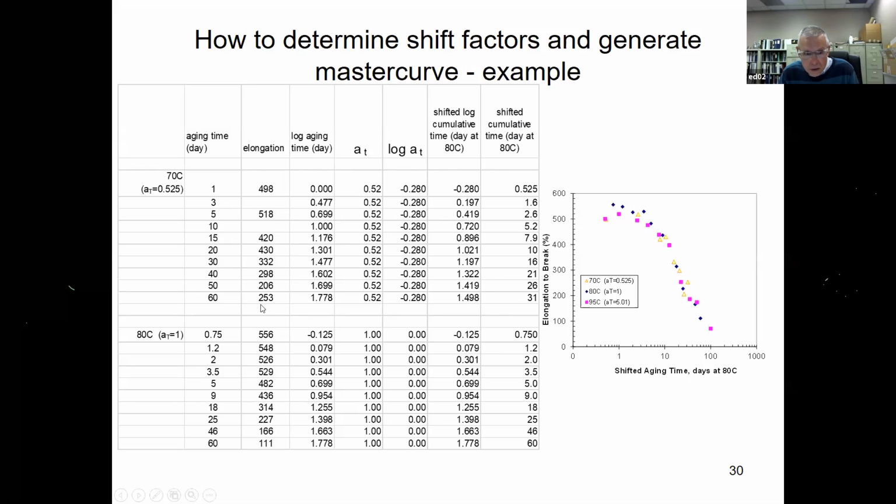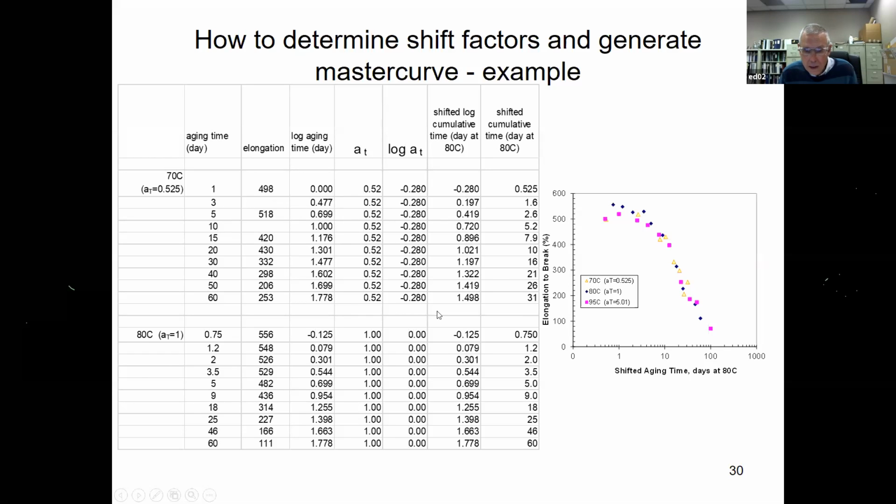So you can see now the 70-degree data elongation results, instead of being at 60 days, it's now shifted to 31 days.